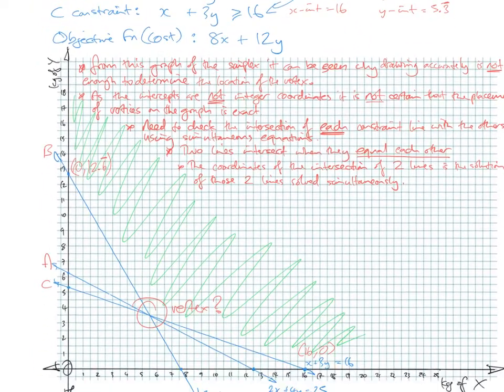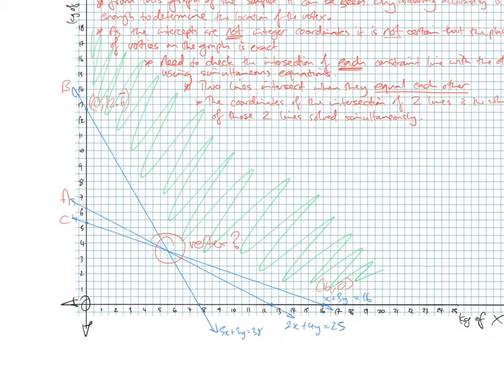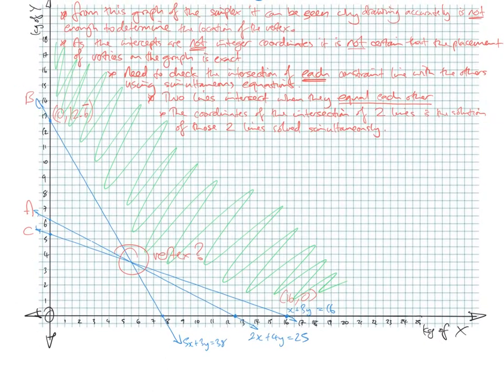So I've got two of my corners. My problem is I don't know this middle one. It looks like all of these three lines are actually crossing at the same place, but we can't be sure because this drawing is not going to be super accurate. So the process of actually finding these intersects involves simultaneous equations. I need to find the intersection of all of these constraint lines with each other, one after the other.